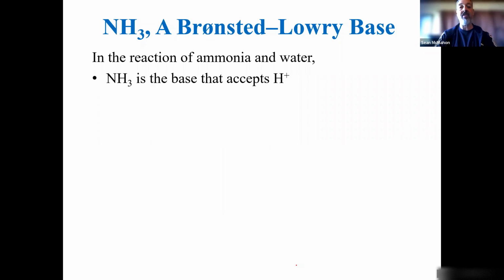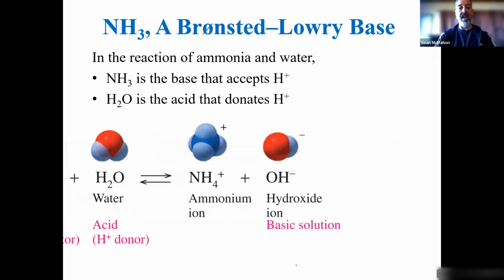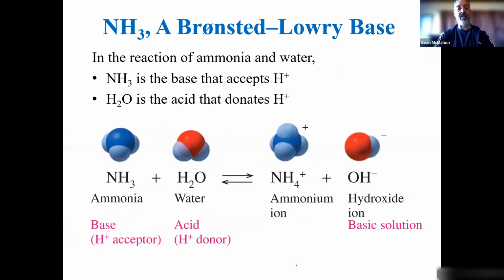So in the reaction of ammonia and water, we're going to see that the ammonia is the base and water behaves as the acid. So in this particular case, we have ammonia. And what you don't see is there's a lone pair. Then we have our water.